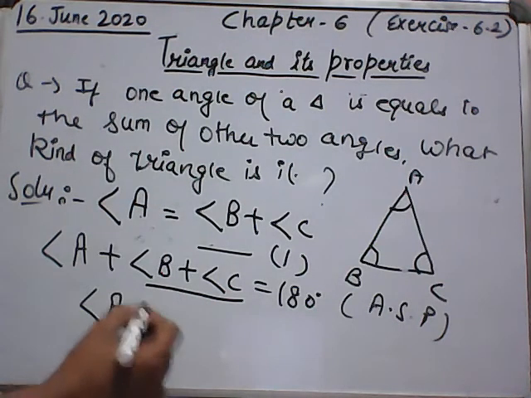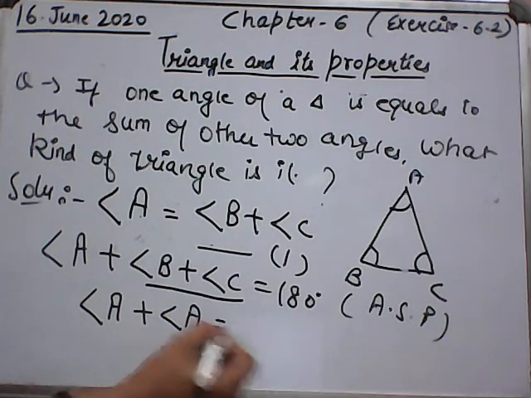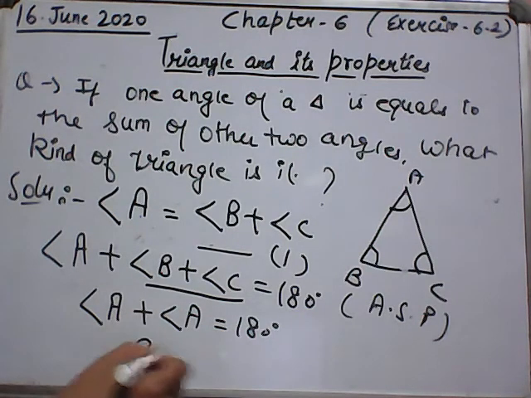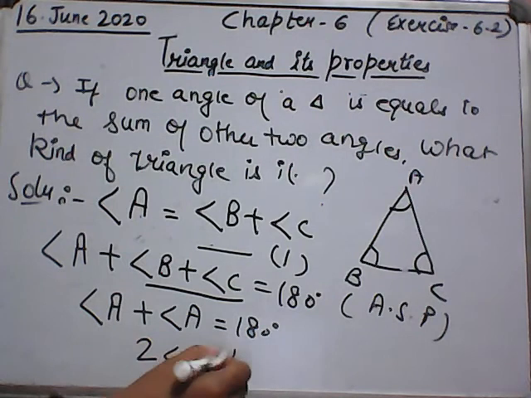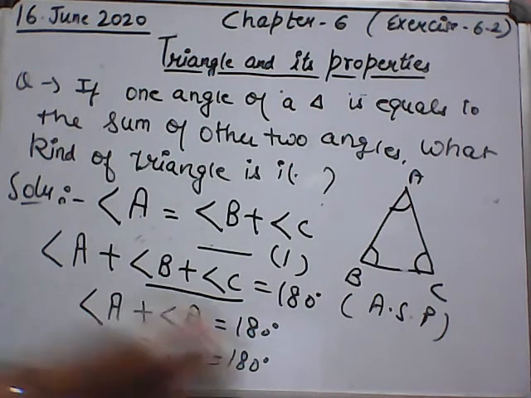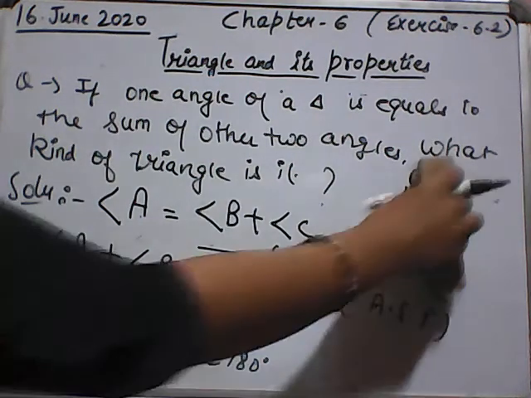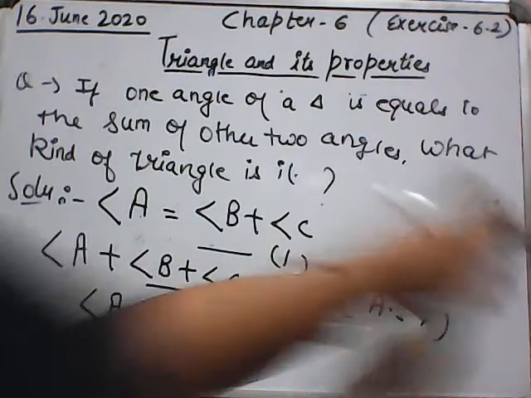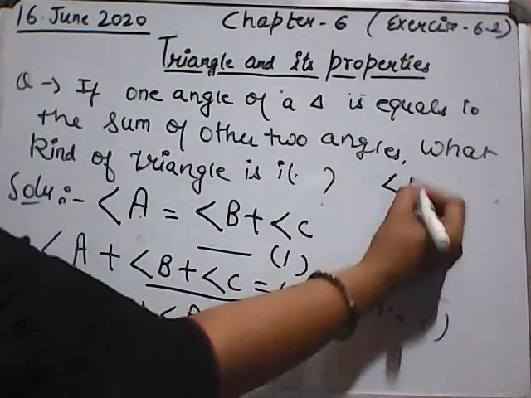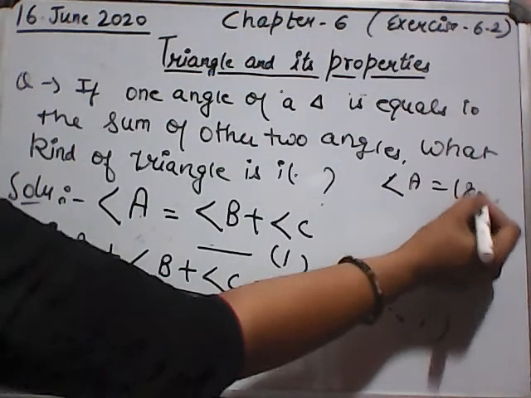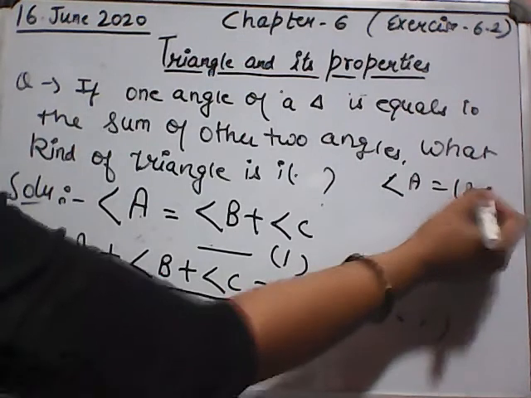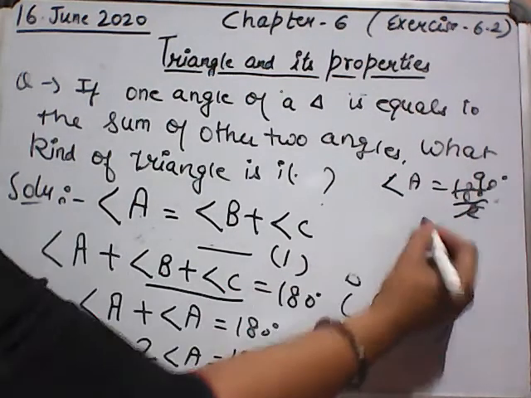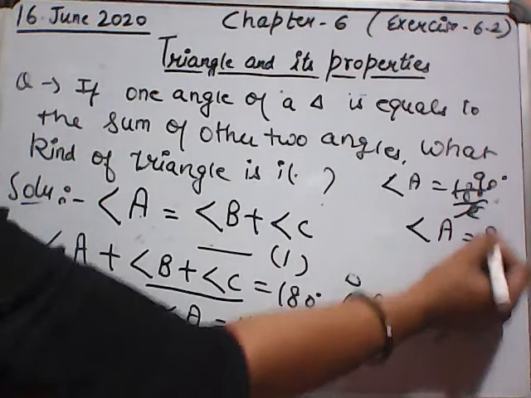Angle A plus angle A is equal to 180 degrees. 1 plus 1 is 2, so 2 times angle A is equal to 180 degrees. Now angle A is equal to 180 divided by 2, that is 90 degrees.